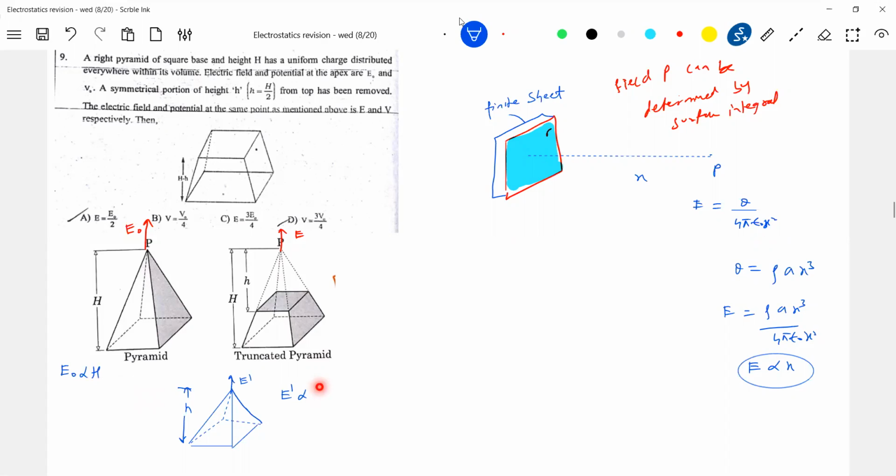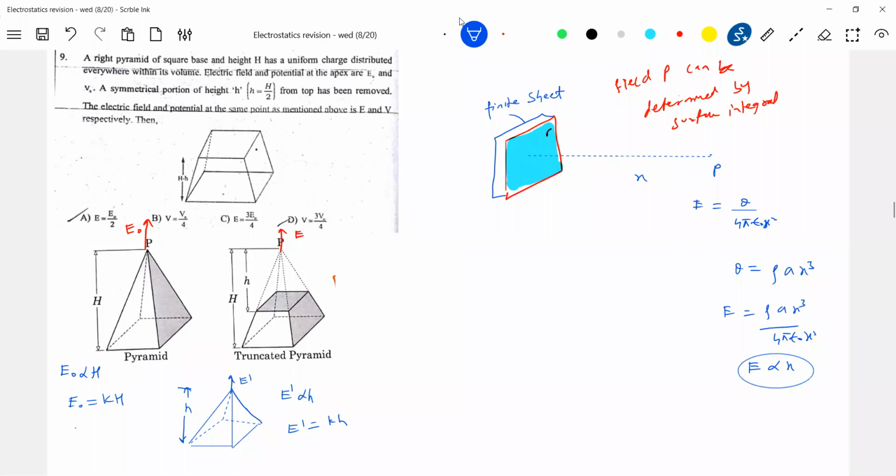Now what are you removing? If you take this negative density and keep it here, and these two get subtracted, what do we get? We get the field due to the remaining part. E dash is due to what? So I should subtract here, no? What is this proportionality? Say some value, KH.